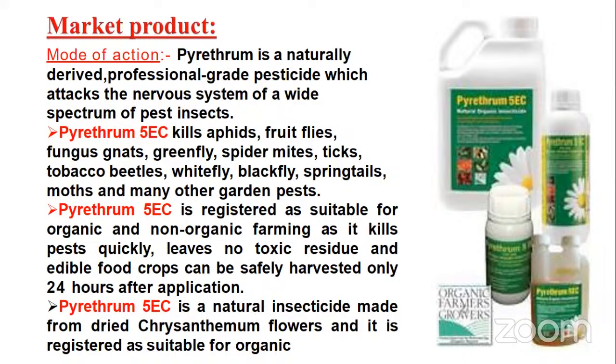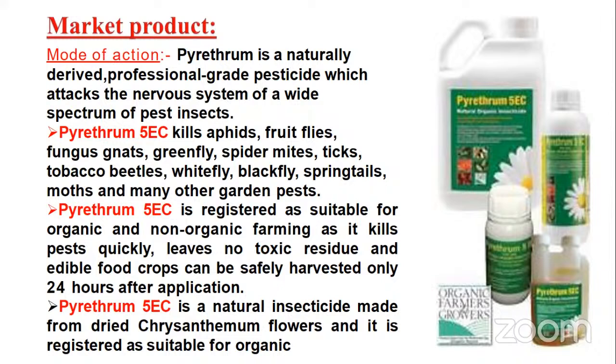Pyrethrin 5EC is registered as suitable for organic and non-organic farming as it kills pests quickly, leaves no toxic residue, and edible food crops can be safely harvested only 24 hours after application. It is a natural insecticide made from dried chrysanthemum flowers.